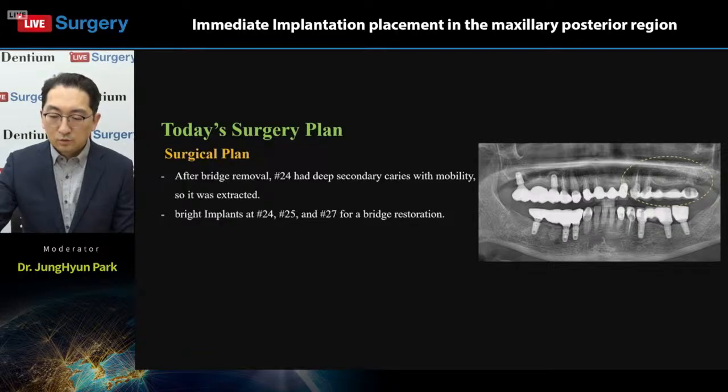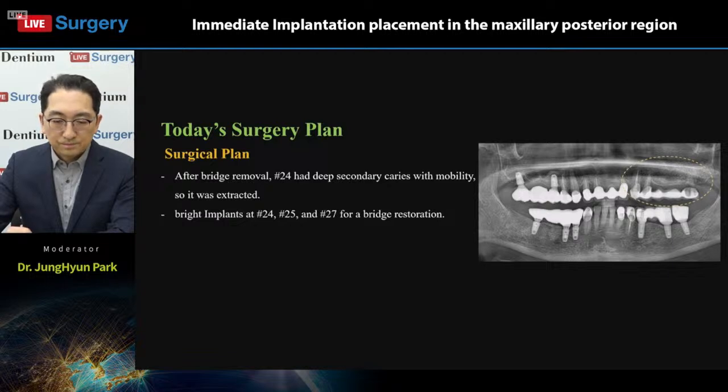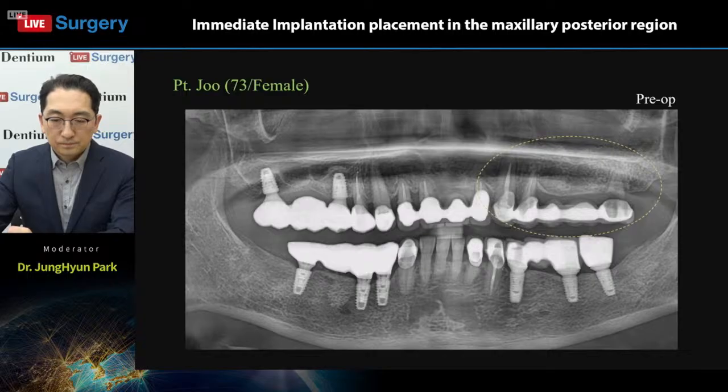After extraction, we planned to place 3 bright tissue level implants at sites 24, 25, and 27, and fabricate a bridge type implant prosthesis. This is the same X-ray. For 23, we decided to redo the crown after bridge removal.